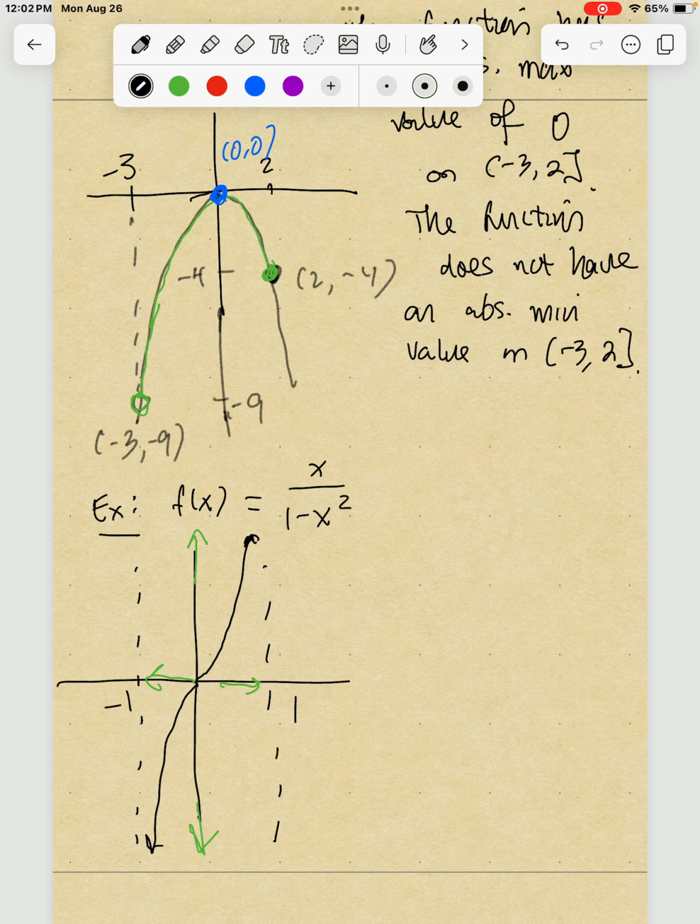It just gets more and more negative forever. So the values get arbitrarily small. Okay, so we would say that this has no absolute maximum value and no absolute minimum value.